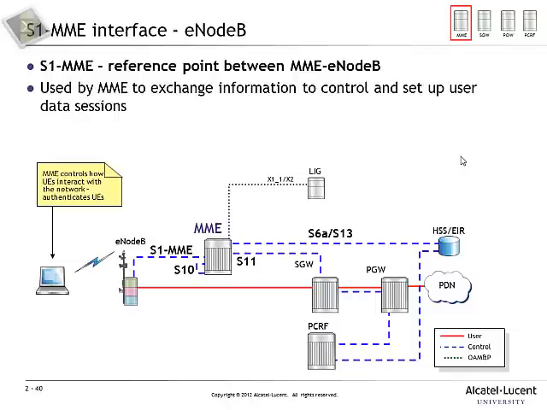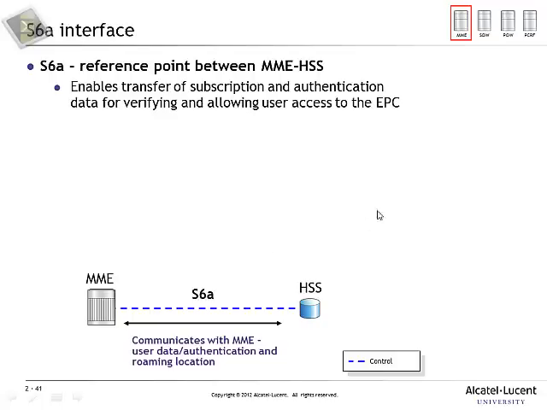For example, all the authentication messages that the MME has to send to the UE will go on it. Another interface is the S6A interface. We've just selected two interfaces at random to describe them a little bit.